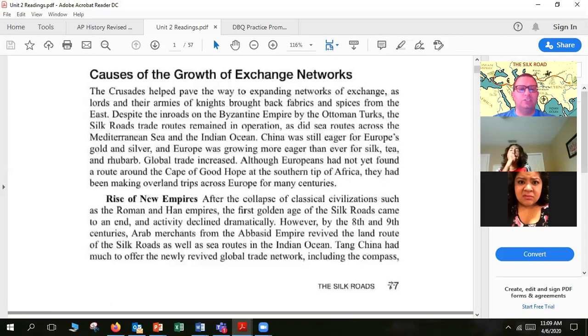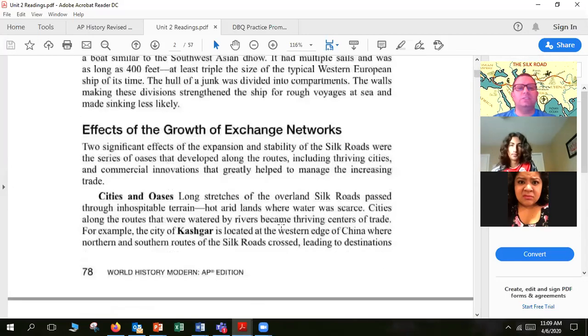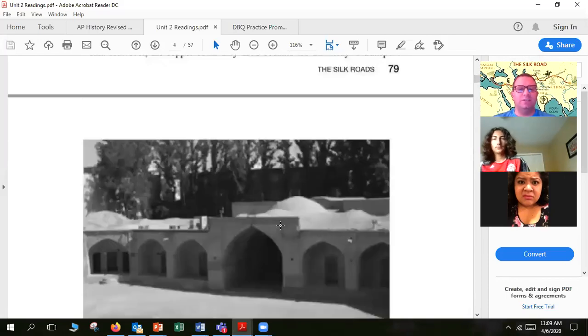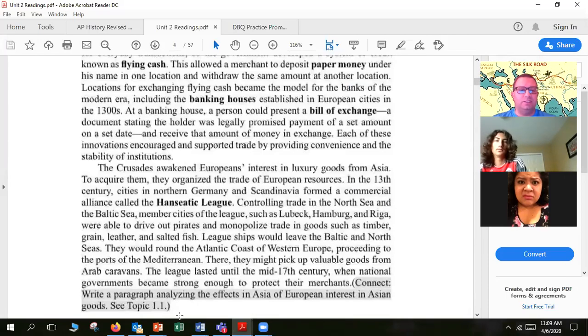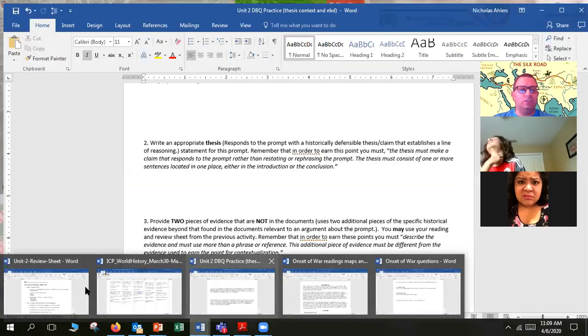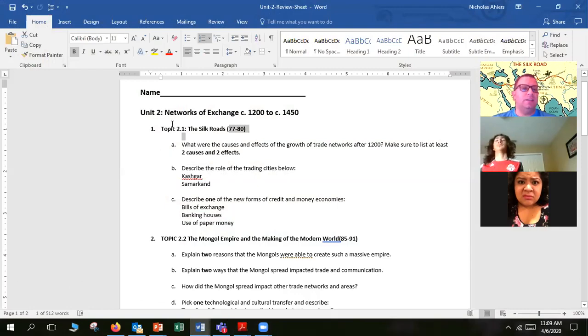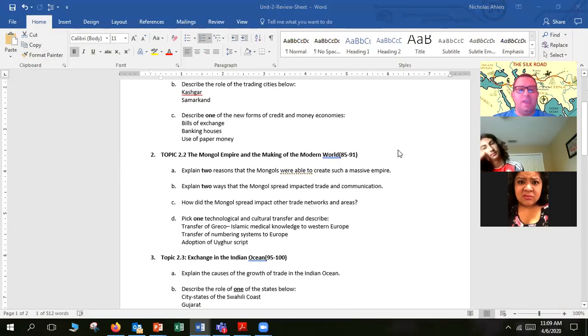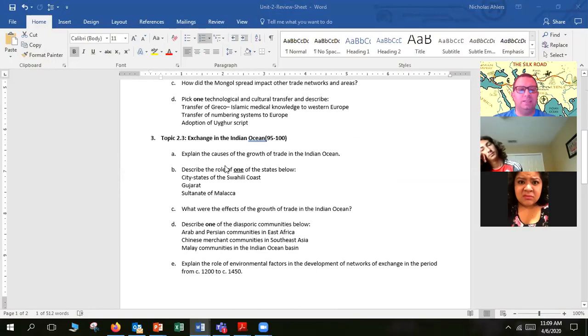So here's page 77, and that first set of questions goes from 77 to 80, okay? So for these questions right here, topic 2.1, A, B, and C, you will find answers to those questions on pages 77 to 80. And just like the ones down here, A through D for 2.2 go from 85 to 91, etc.